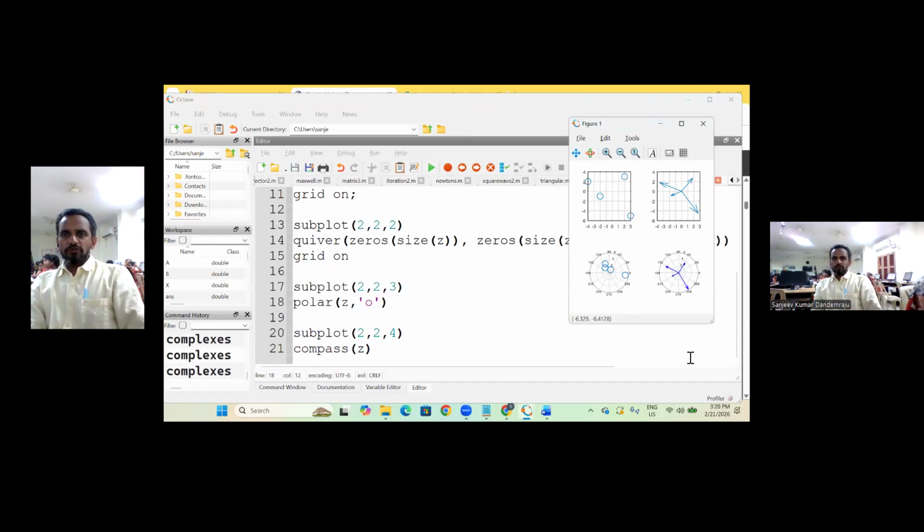So polar Z will plot just four dots, and compass Z is similar to quiver, where you will be plotting angle on a 360 degrees disc and magnitude.